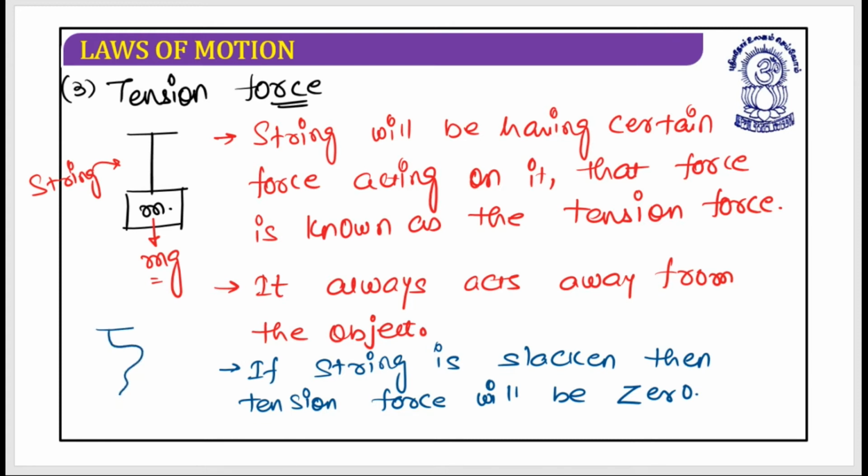Suppose the situation is something like this, then there is no tension. Why? Because the string is slackened. So if the string is slackened, there would be no tension force acting on the system.